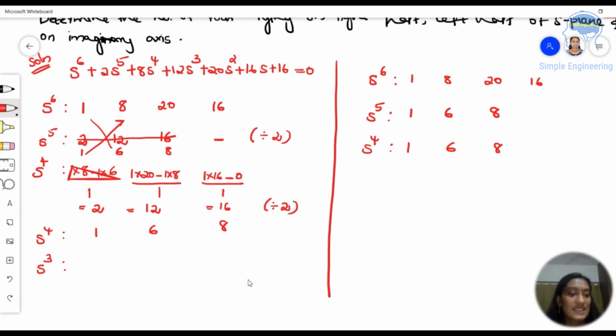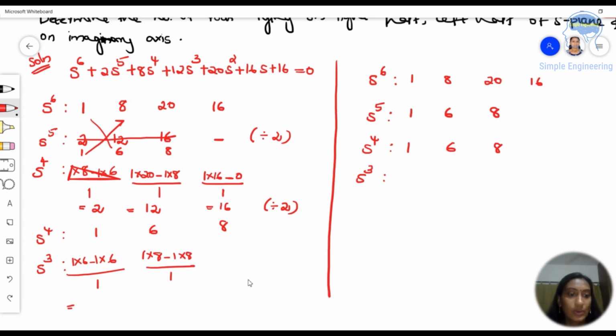Next you have to find s power 3. For that, in s power 4, it is 1, 6 and 8. Here s power 3 will be equal to 1 into 6 minus 1 into 6 divided by 1, and next is 1 into 8 minus 1 into 8 by 1.